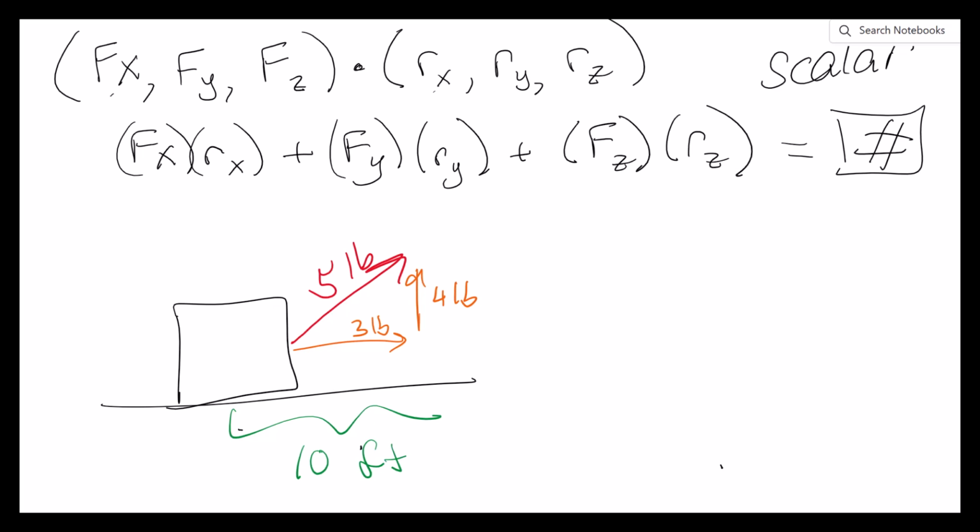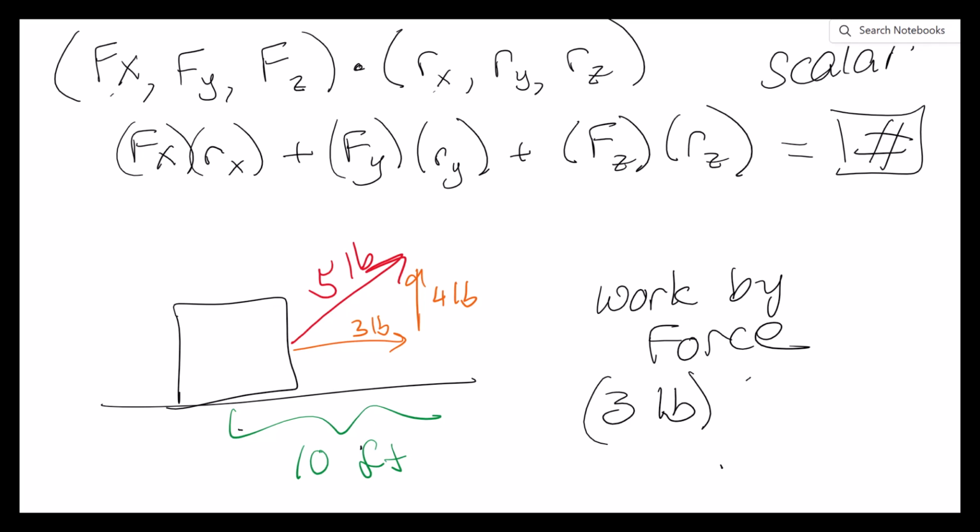Okay, then the force, so I just broke the 5 pounds into a 3, 4, 5 triangle. Then the work by the force is just the 3 pounds times the 10 feet. Does that make sense? So 30 foot-pounds or pound-feet, however you want to say it, I don't care.